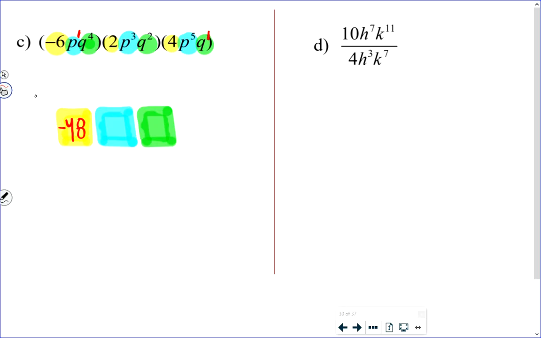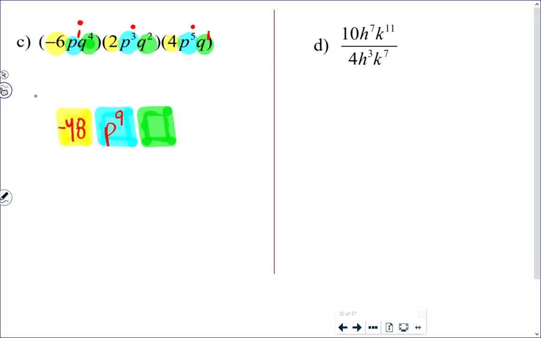We have p to the 1 times p to the 3 times p to the 5, so we are adding the exponents on p to get a single power with a base of p. 1 and 3 gives us 4, plus the other 5 gives us 9.